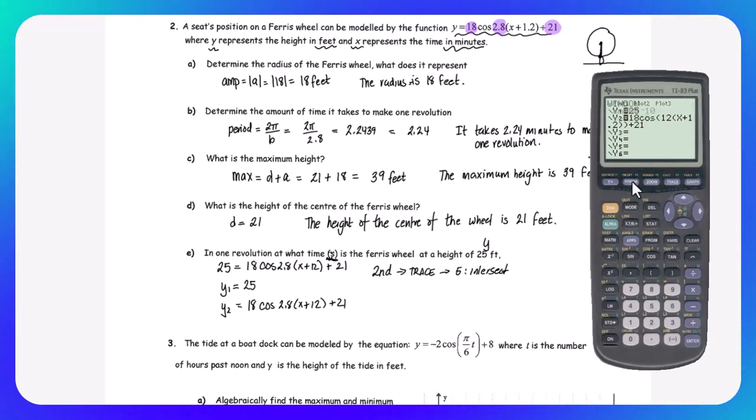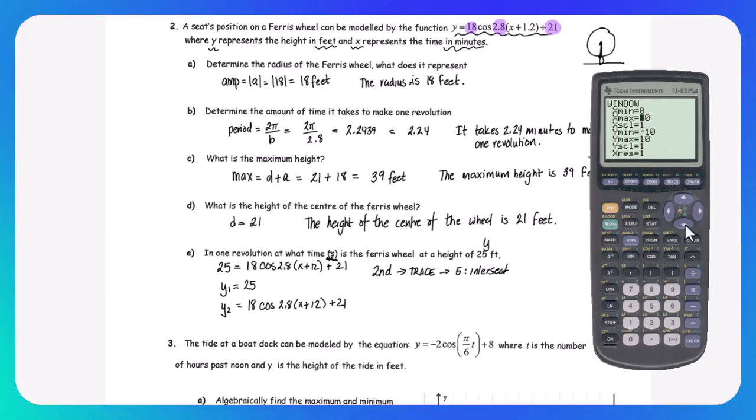Now we have to check our window settings because notice our maximum is 39 feet. So our Y max has to be at least that. Our period is 2.24 minutes, so we're okay to go up to 10. That's going to show us a few revolutions if we keep it at 10. But if you want to keep it shorter, you can.